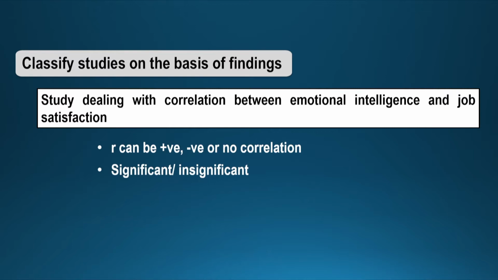So while you are taking up studies and trying to synthesize them, you can club all those studies which find significant positive correlation, followed by those studies which find a relationship between the two variables but not significant, and then synthesize all that literature which says there is no relationship between the two variables.